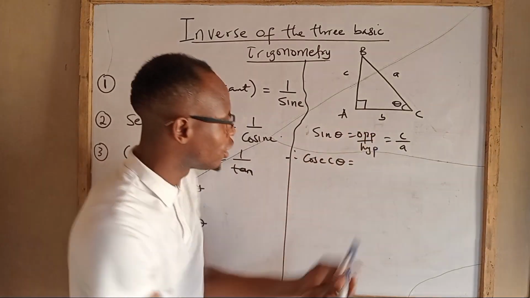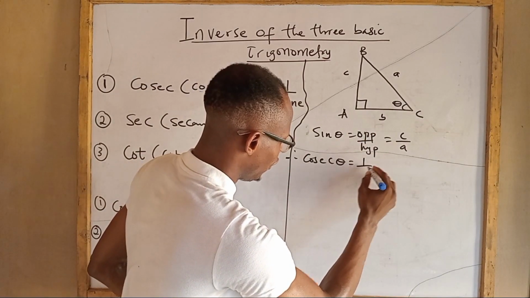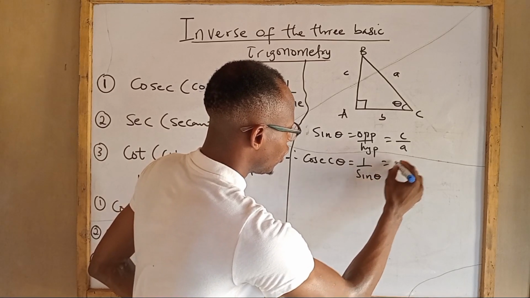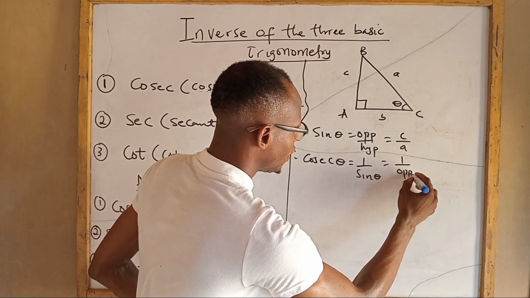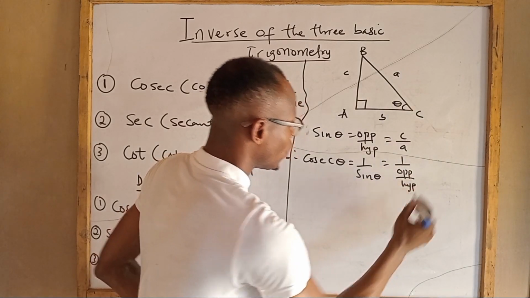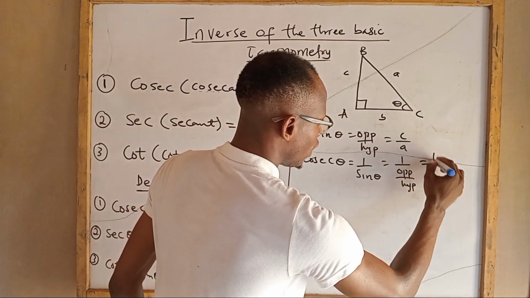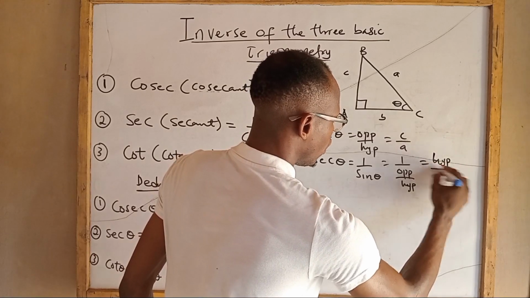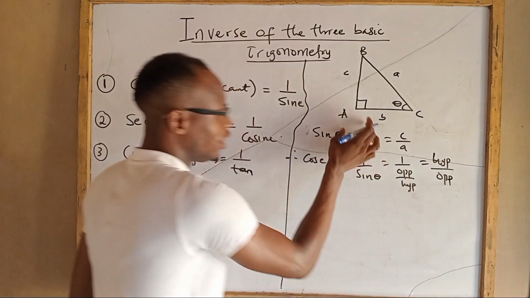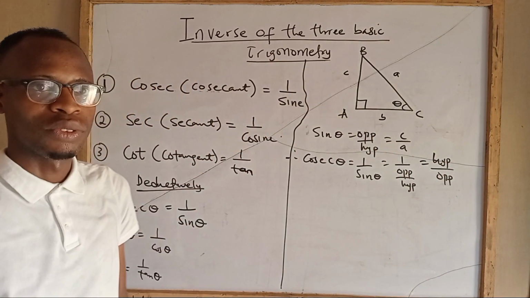Let me put it back so that you understand. That will be 1 over opposite over hypotenuse when you replace the value for sine theta. Everything here gives you hypotenuse over opposite, just changing the formula to its inverse.